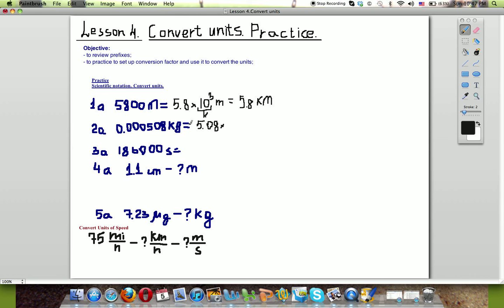Now to make these two numbers equal, because 0.00508 does not equal 5.08, I have to multiply by a power of 10. And because I have to move the decimal point to the left, I'm going to put a minus. From this place, I have to move it 1, 2, 3, 4 times. So it's 10 to the negative 4 kilograms.